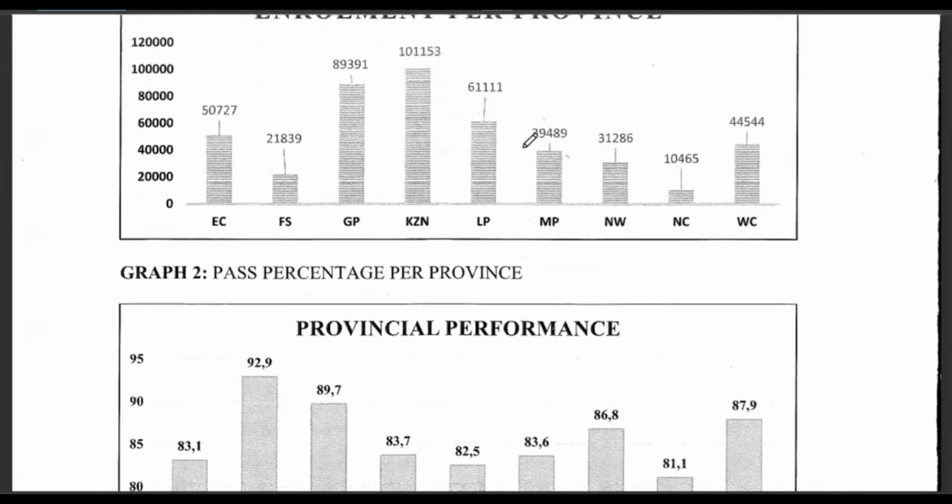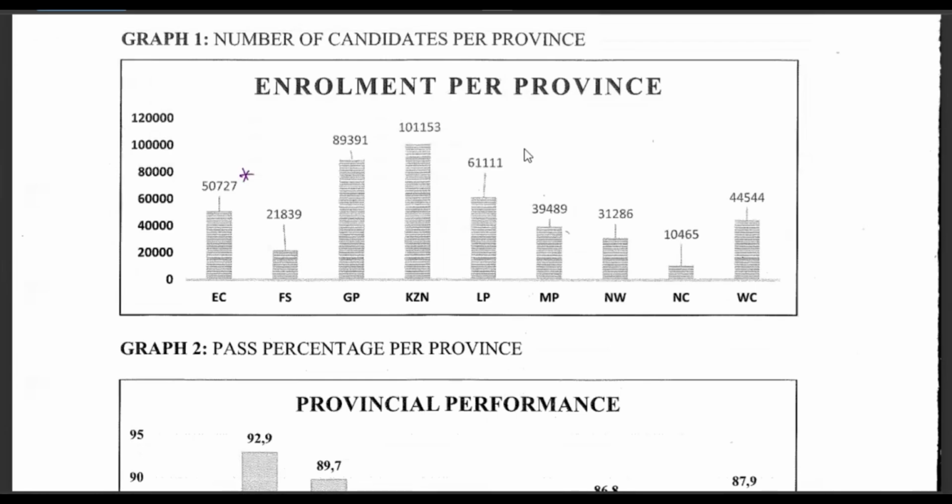First and foremost, we add all these values: 50,727 plus 21,839 plus 89,391 plus 100,001 plus 101,153 plus 61,111 plus 39,499 plus 31,286 plus 10,465 plus 44,544. So we end up having this much.